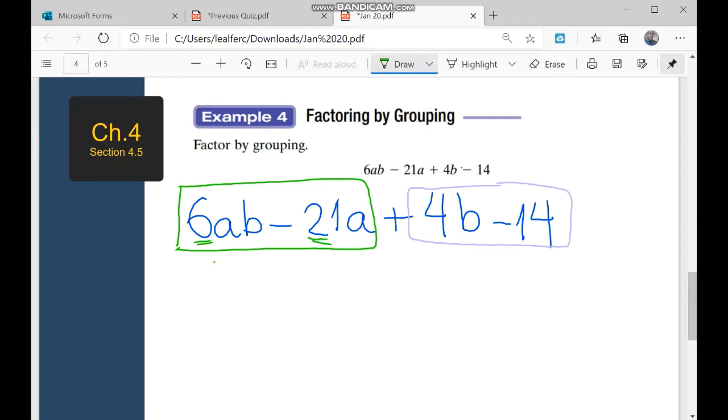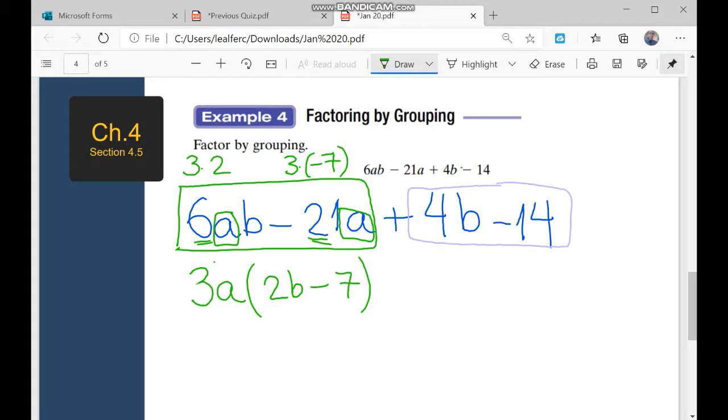First check the coefficients, and the 6 is going to be 3 times 2. Negative 21 is 3 times negative 7, right? So we can write this as 3, and a is common, 3a times 2b minus 7. This is for the first pair.